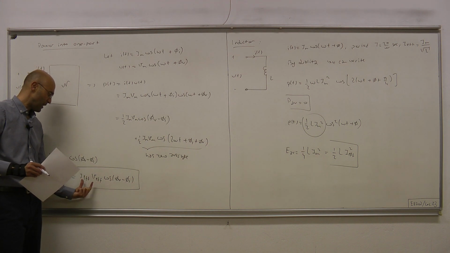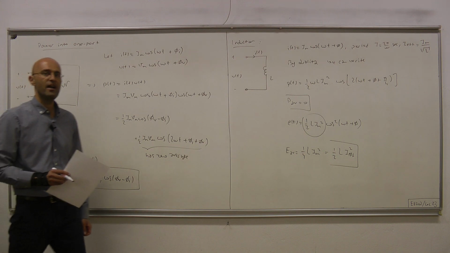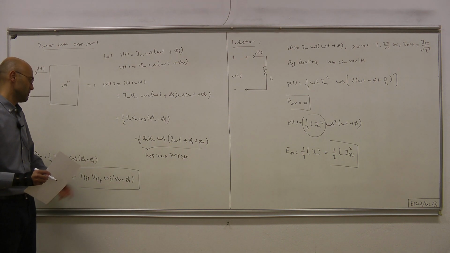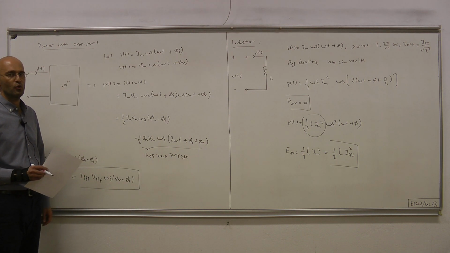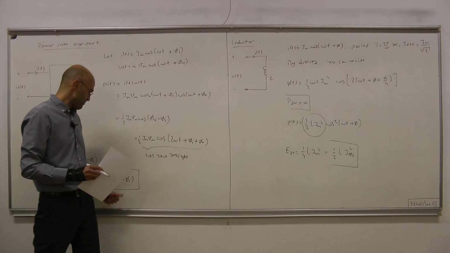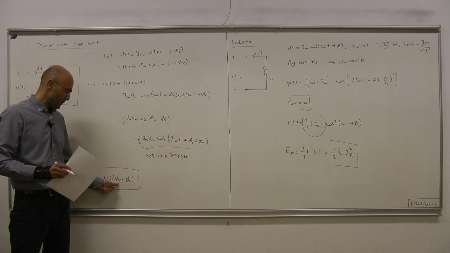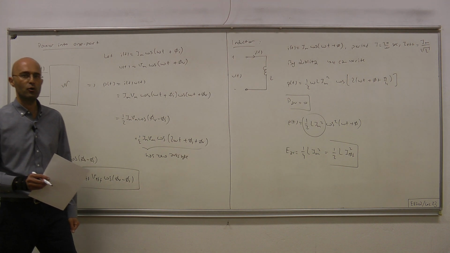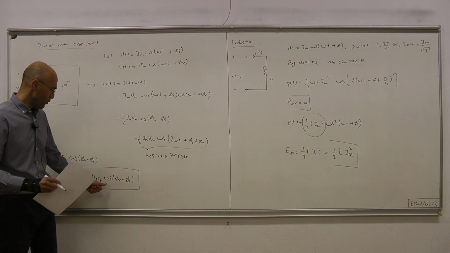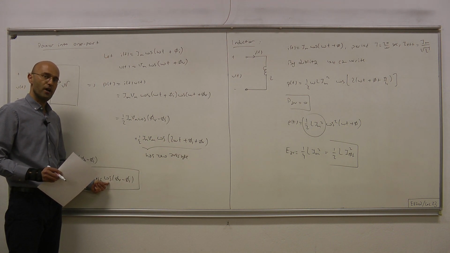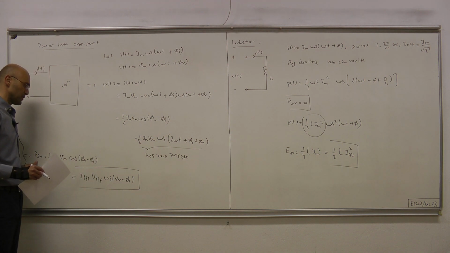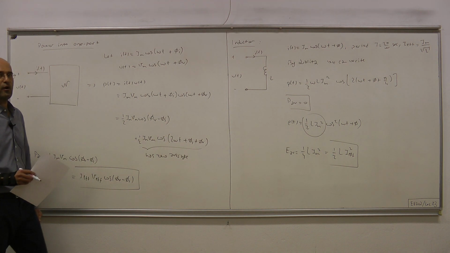And we had I effective times V effective for the average power of the resistor, which can be written as R times I effective square. For inductor or capacitor, the difference between the phases was pi over 2 or minus pi over 2. Both produced zero cosine. Hence, for capacitor and inductor, we had zero average power.